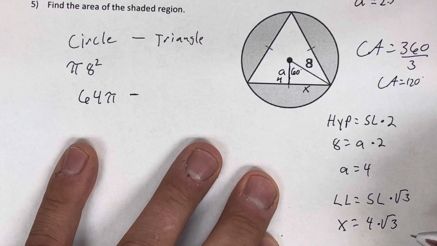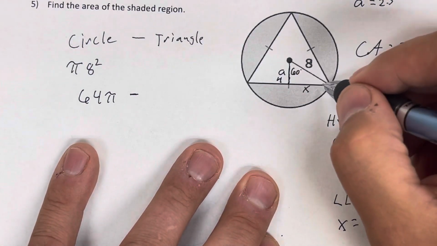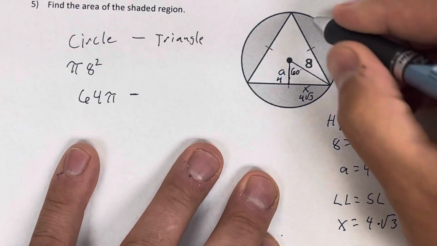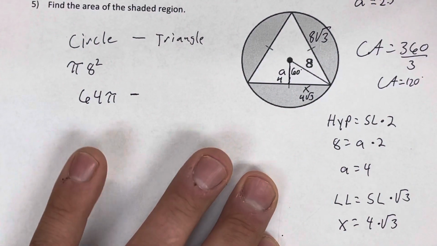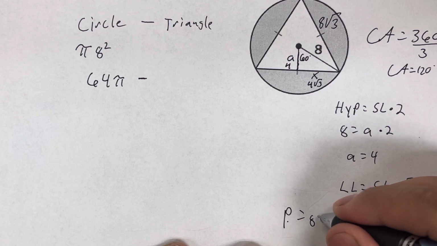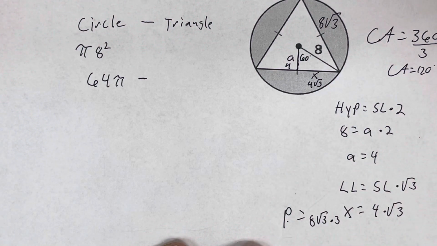So for us to leave this in exact form, this entire side length would be 4 times the square root of 3 times 2, which is 8 times the square root of 3. I now know the side length. So finding the perimeter, we'd have 8 times the square root of 3 times 3. It has 3 sides.